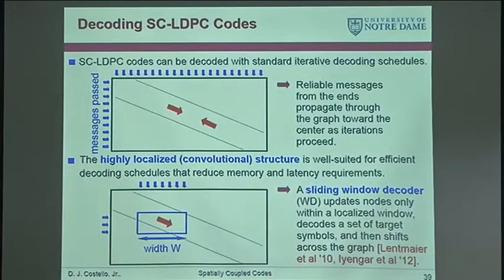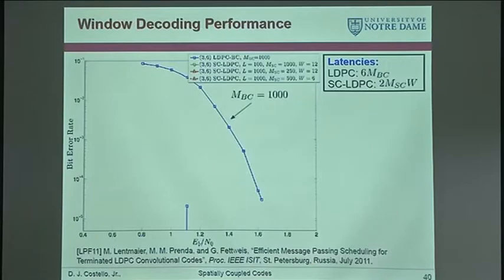Notice one thing I should say: when you look at it this way, it's clear that you don't have to have a fixed termination length L. You can just keep doing this as long as you want, and it operates in a streaming environment, not so much a block by block environment. So you just continue decoding a set of target symbols each time the window shifts.